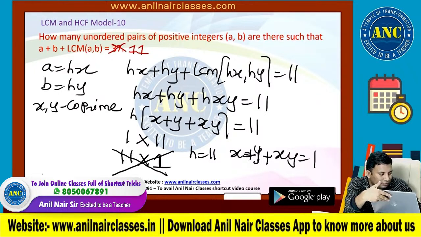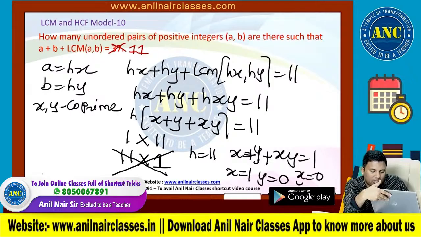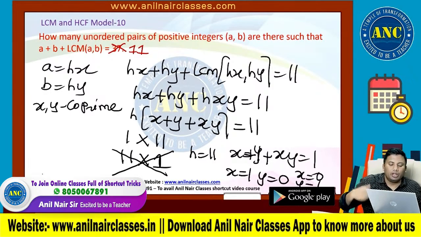That would be x 1, y 0 or x 0, y 1, but x and y cannot be zeros. Till here it is clear, right?